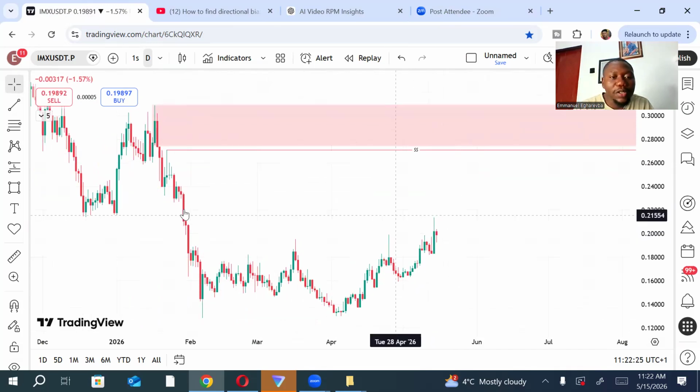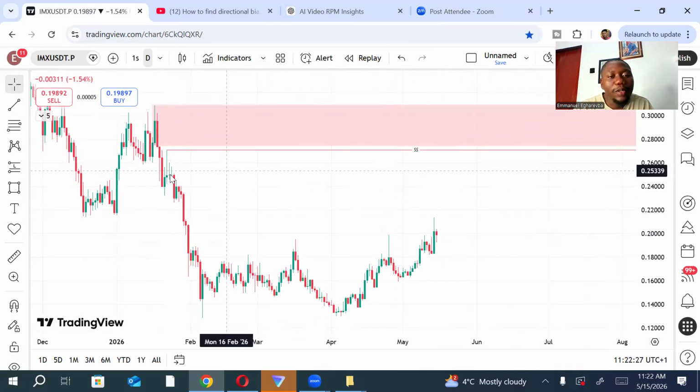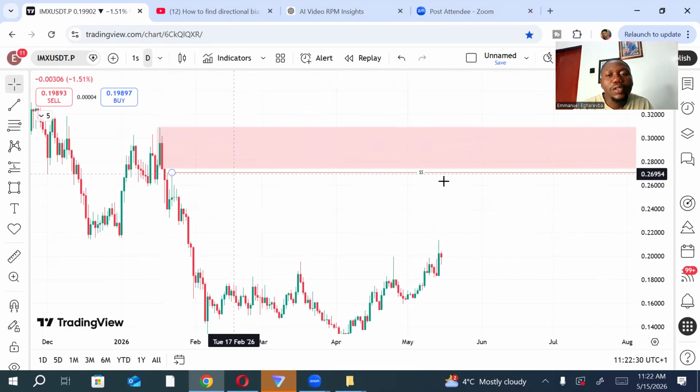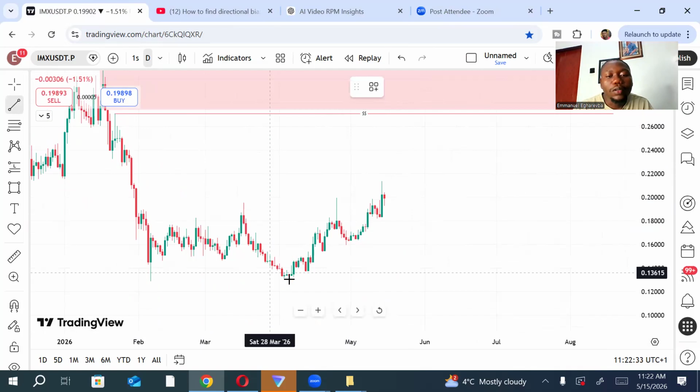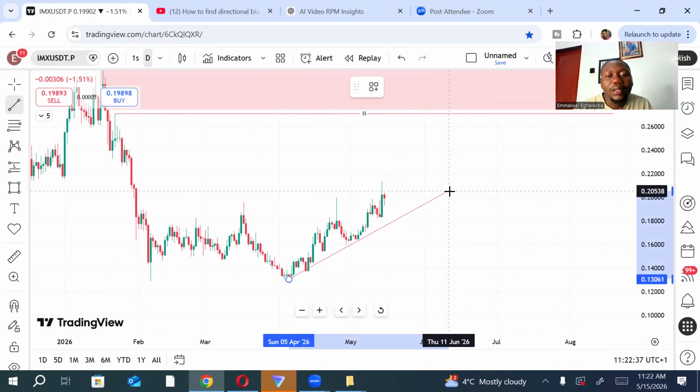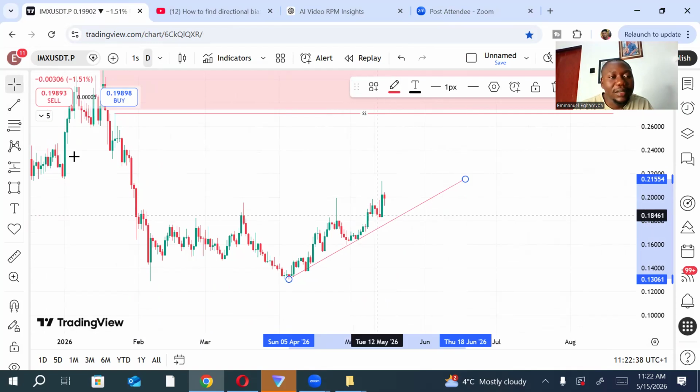So the big question is, where are we coming to? Are we coming to sweep out this inducement? If so, then we are going to be trading this as a bullish trend. So let's look at a lower time frame now.